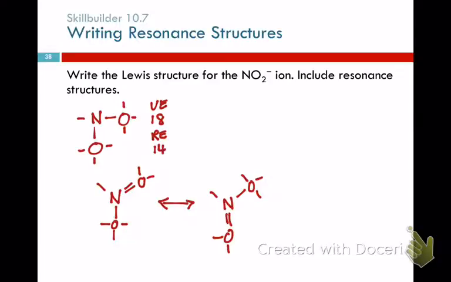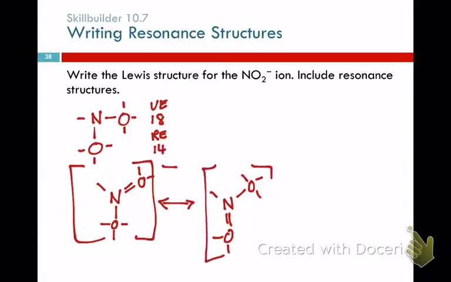And so those are the 2 resonance structures. Now it's an ion, right? So each one of them needs a bracket and a minus charge. For sure on the test, you should expect to draw a couple of these things, right? Not multiple choice questions. From scratch, draw these things out. Okay.